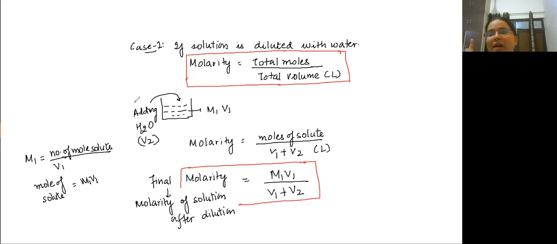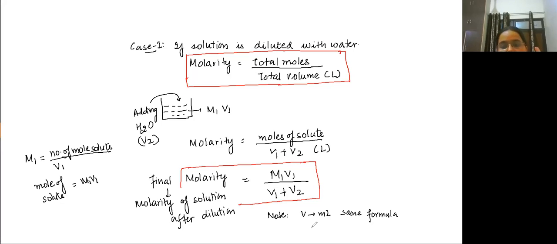Now in this formula, one point you have to remember: if all volumes are in ml, directly put them in, because if you convert to liter, you would convert the denominator into liter too, and it will cancel out. So if volume is in ml, no need to multiply by 1000. Same formula, but all volumes should be in ml.